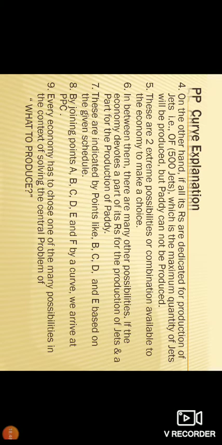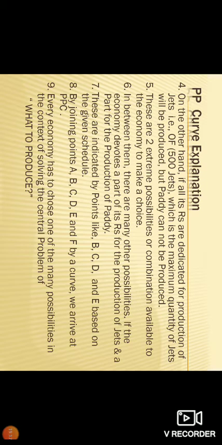What does it show? Every economy has to make a choice of one combination from many possibilities available to solve the central problem of the economy, what to produce and in what quantity. So every economy needs to make a choice, as many options are available.